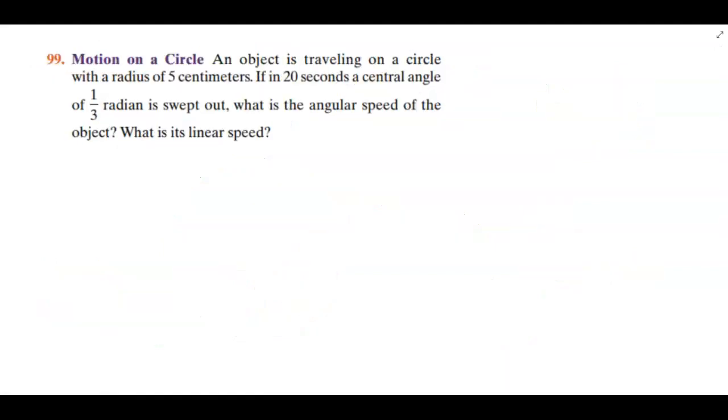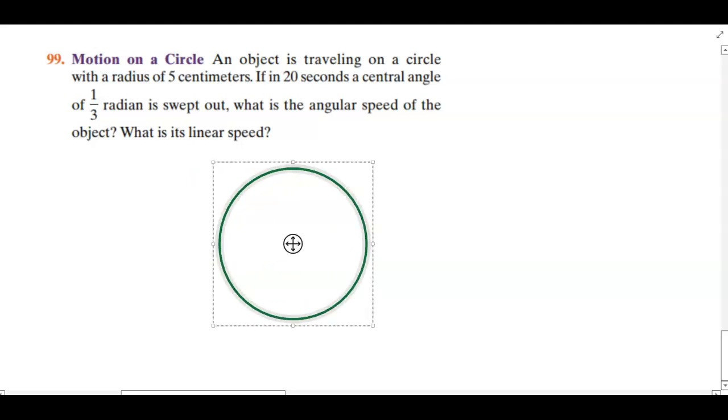So for this one, once again, we have a circle. So let's draw a circle. All right, and an object is moving in a circle with a radius of 5 centimeters. So we've got 5 here. If in 20 seconds a central angle of 1/3 radian is swept out, we'll call this theta.